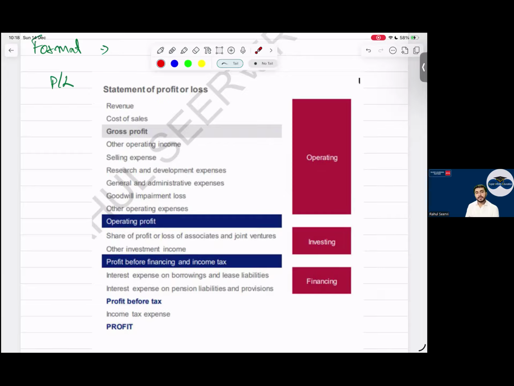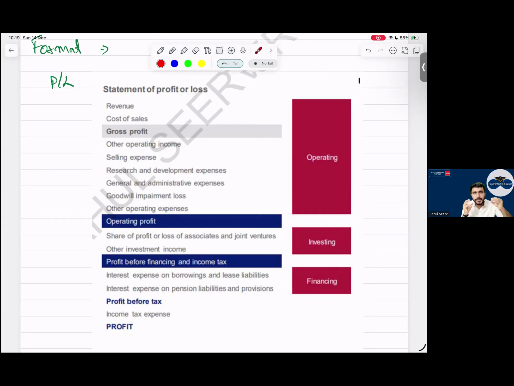Financing is issue of share capital. This comes in finance. Why do you have to study this? It's important. Whenever you record any expense in P&L, you should mention which category. If you see the old format, we did not have categories.